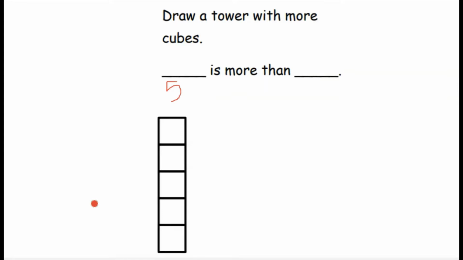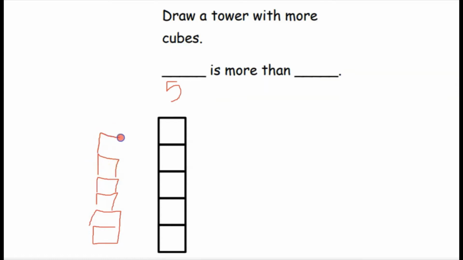Well, first I know that I have 5 cubes already, and I need a tower that's more than. So I'm going to first start with 6 cubes. 1, 2, 3, 4, 5.